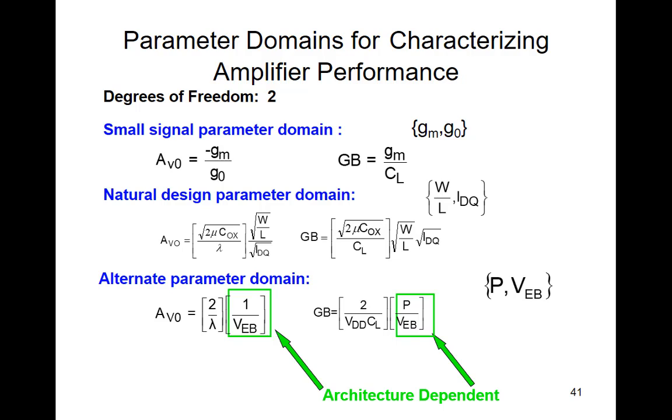Yes? So VEB is V and Q minus VSS, whatever I have. Yep, that's correct. It's minus VT, right? But we were trying to avoid the change: if I change IDQ in the natural design parameter, for GB, I don't want to change AV.